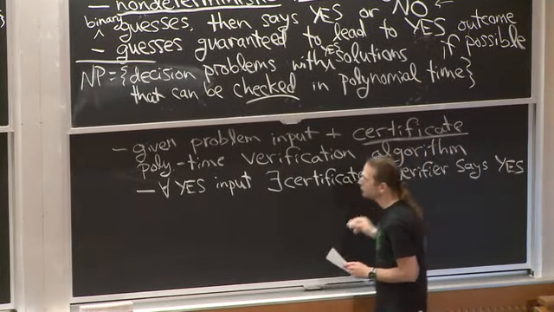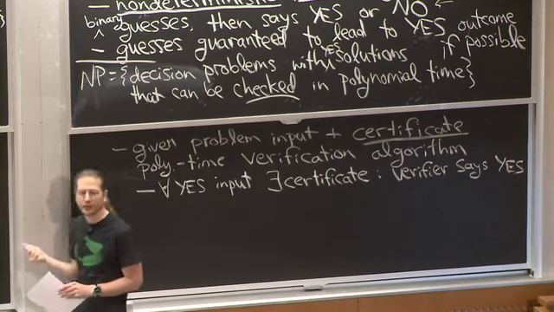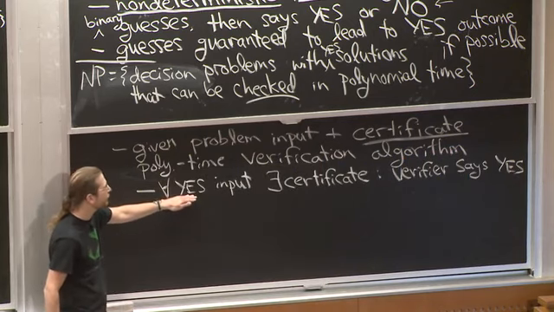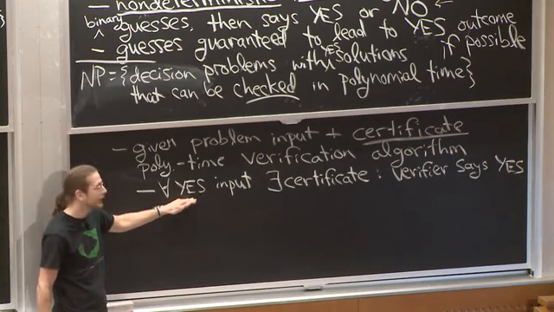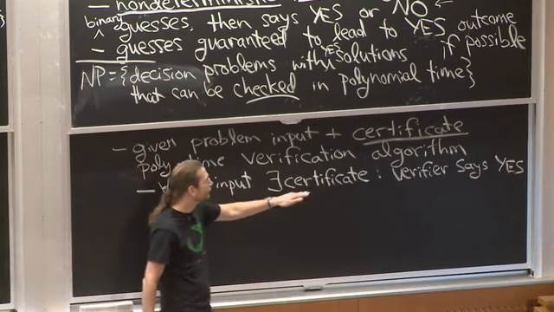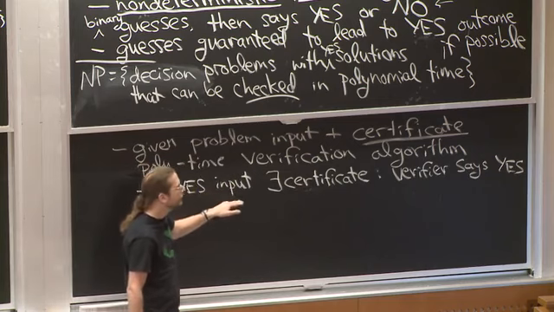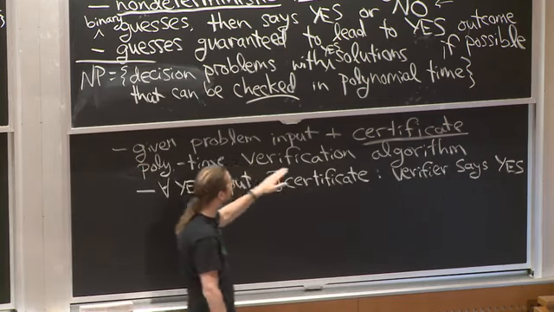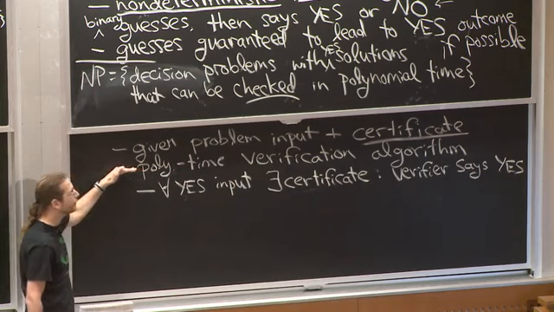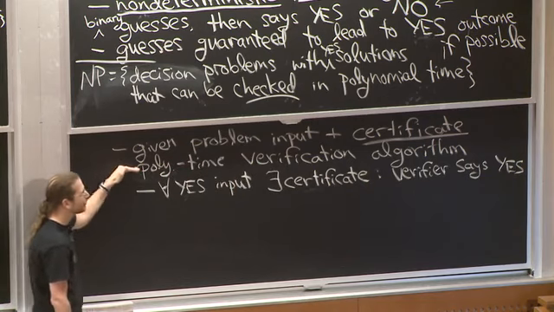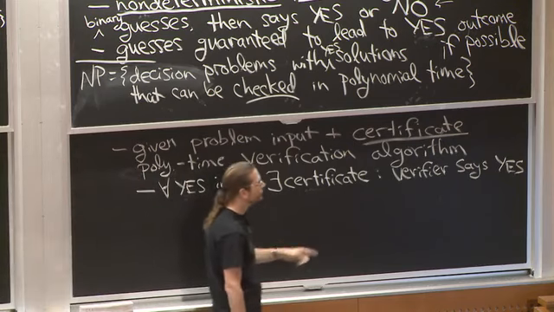So this is saying it's possible to prove to me that an answer is yes, because if you ever have an input that the answer happens to be yes, you can prove it to me by giving me a certificate. There's always some certificate that proves the answer is yes, because the verifier, which runs in regular polynomial time, this is a regular, old-fashioned, down-to-earth verification algorithm, polynomial time in our usual sense, it will say yes.